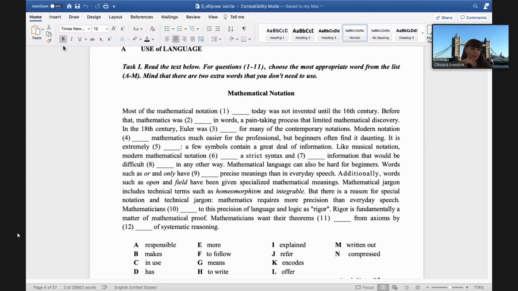Any other variants for 8? H. Okay, write your H. Yes, it's H. I agree. And then the last one was G. Yes, the last one was G.